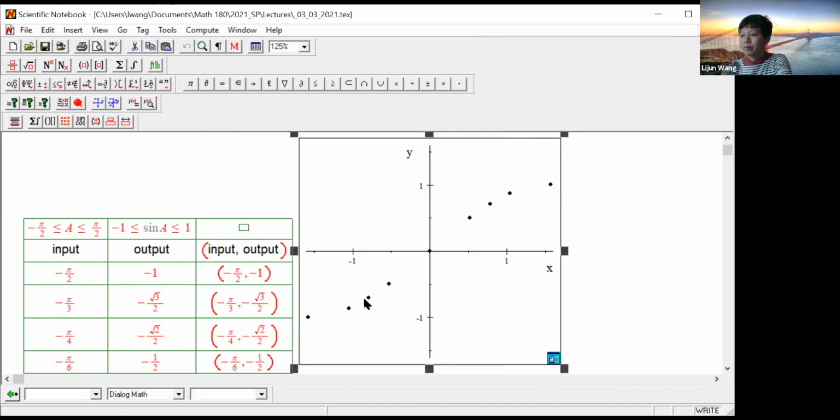There. This is basically the sine curve, right? But after truncation, yes? So I want you guys to mark each one of these points, okay? Are you there? You mark each one of the points.